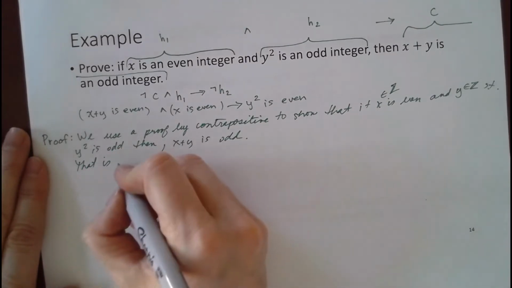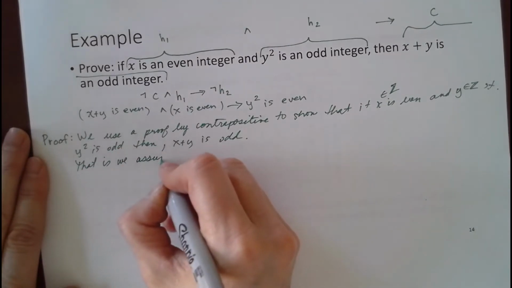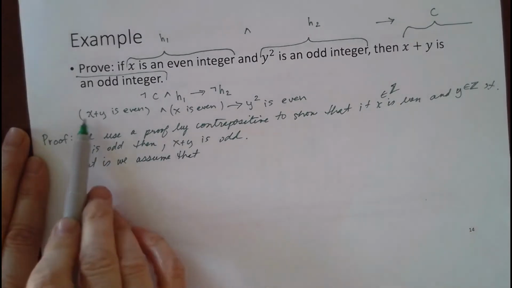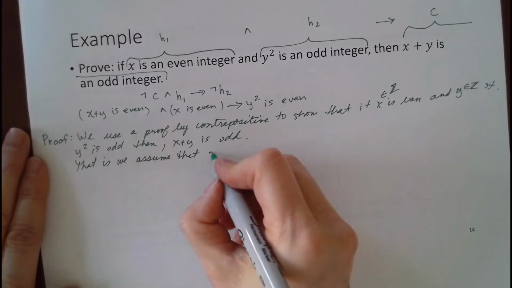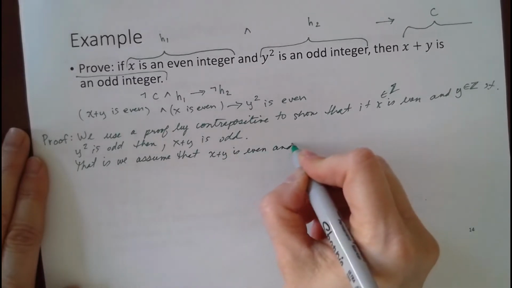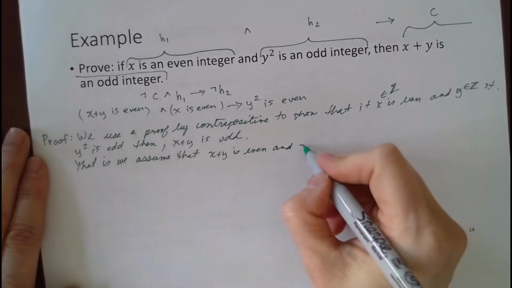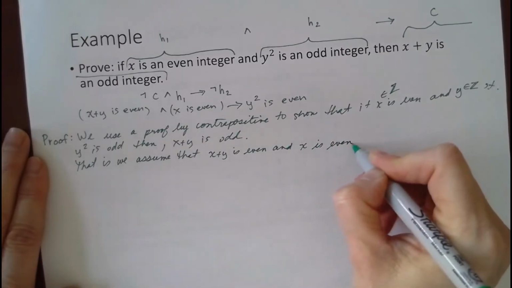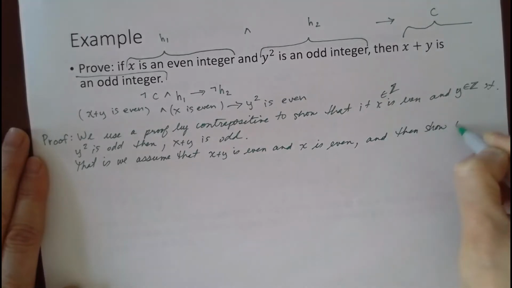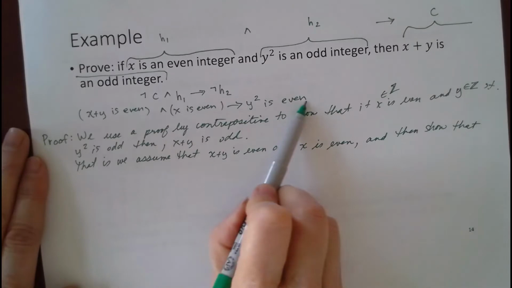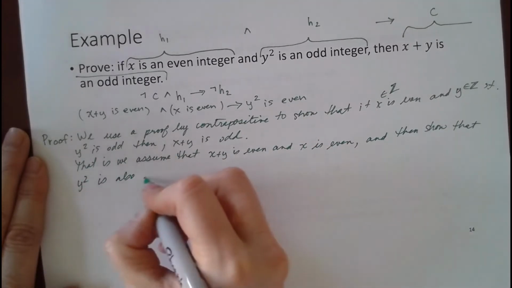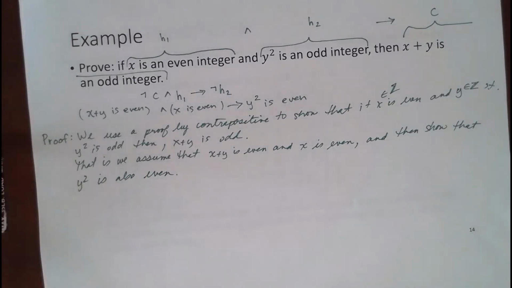Okay. That is, we assume that, okay, so this one, x plus y is even, and this one, x is even, and then show that y squared is also even. So now we know where we're going.